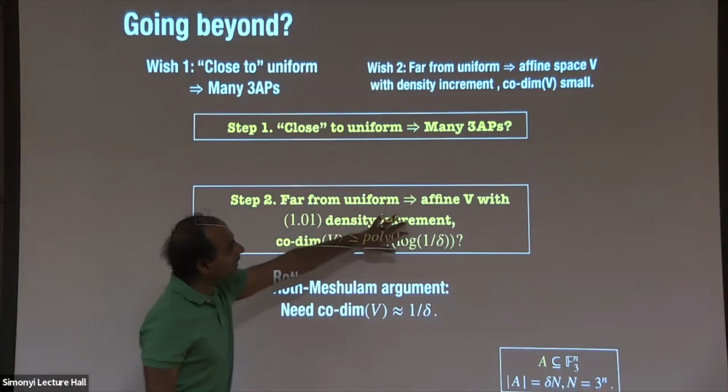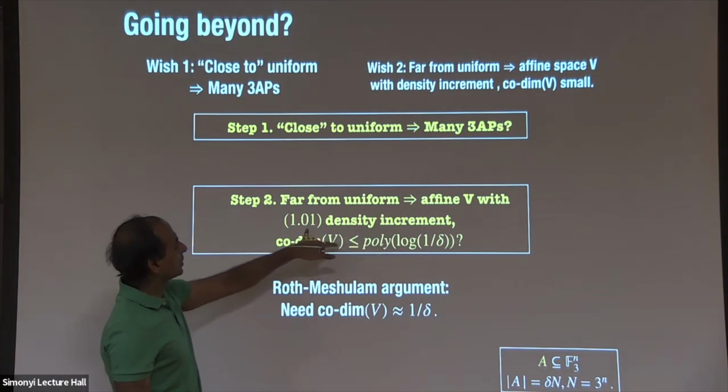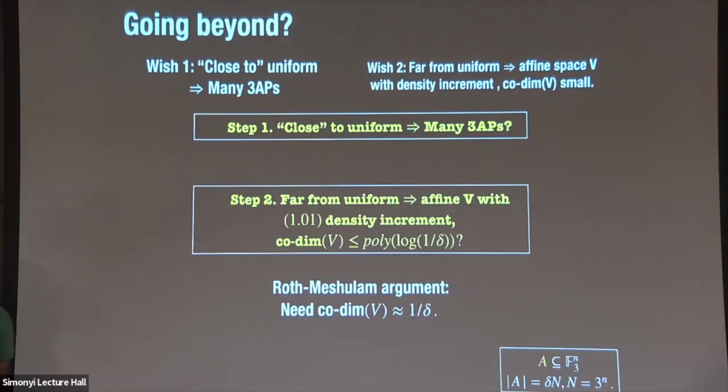And for density increment, let's focus on how large a subspace you can find for which you have density increment by a constant factor. Okay, instead of looking for delta plus delta square or other parameters, let's just set the benchmark as how large a subspace can I find while looking for a constant factor density increment.